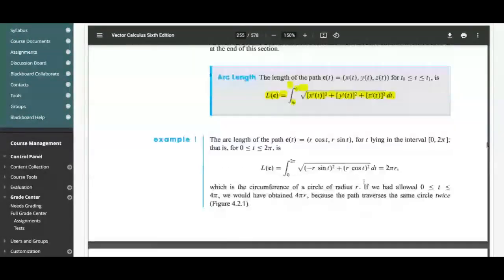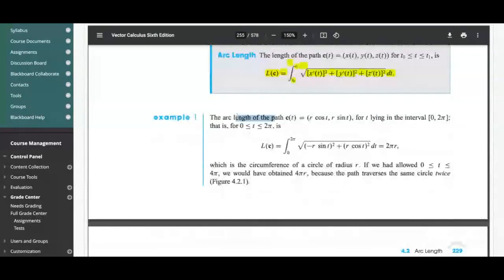Let's see an example. The arc length of the path c of t equals r cosine t, r sine t, right? What is this? The parametrization of the circle centered at the origin with radius r, for t lying in the interval from 0 to 2 pi, so t0 is 0 in this case, t1 is 2 pi.